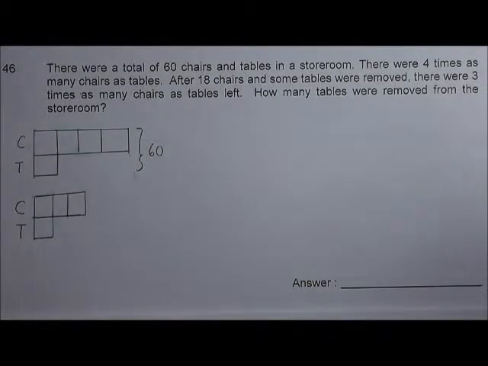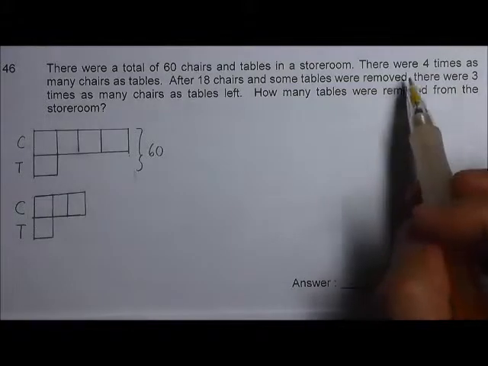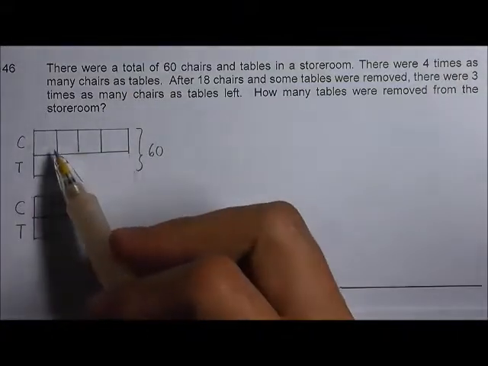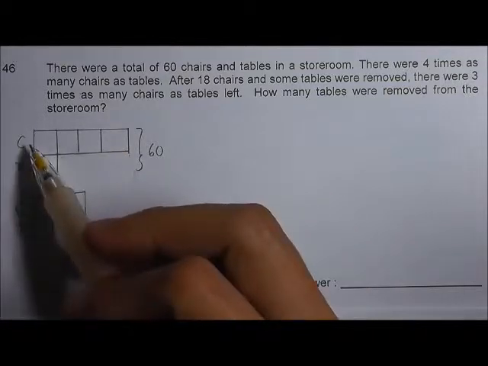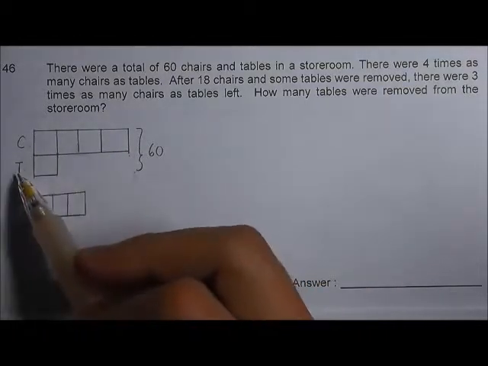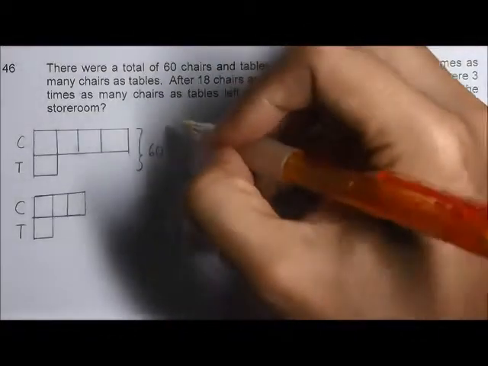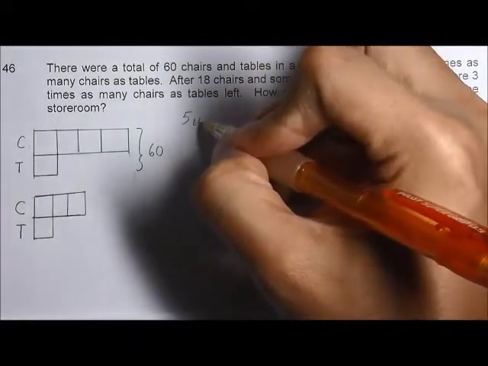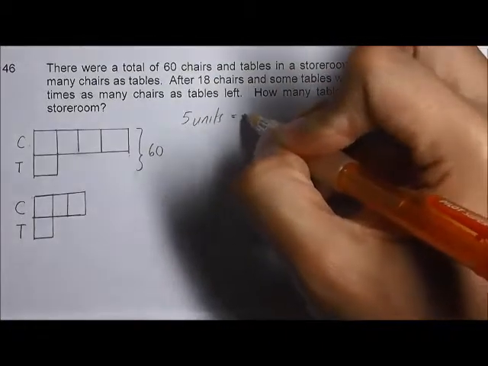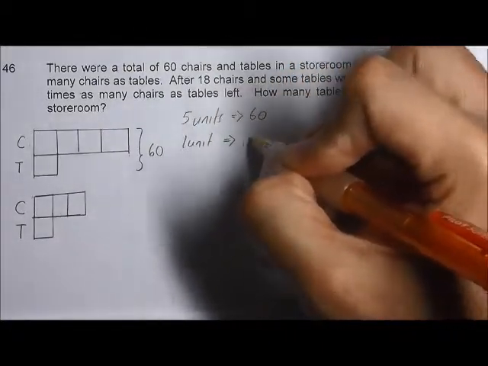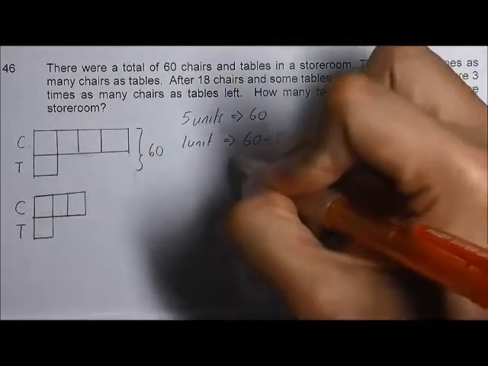We can use the model to solve this question. We know that there are 4 times as many chairs as tables. So we have 4 units for chairs and 1 unit for the tables. And altogether there are 60 of them. So we have 5 units equal to 60. And 1 unit will be 60 divided by 5.